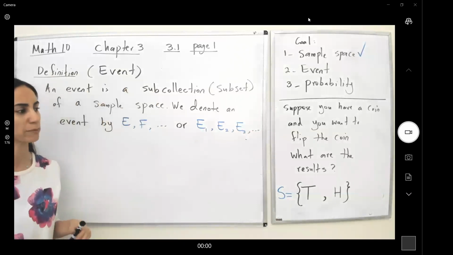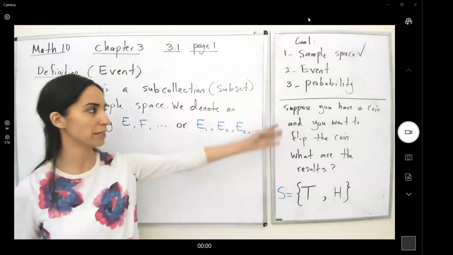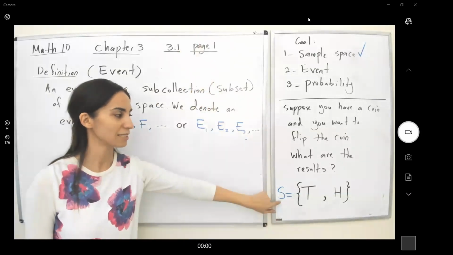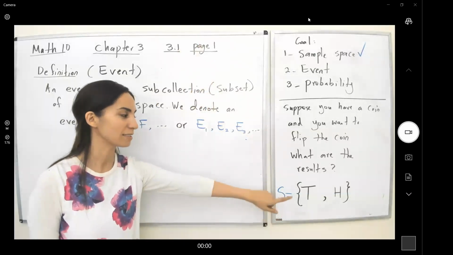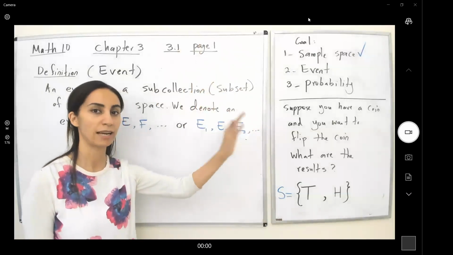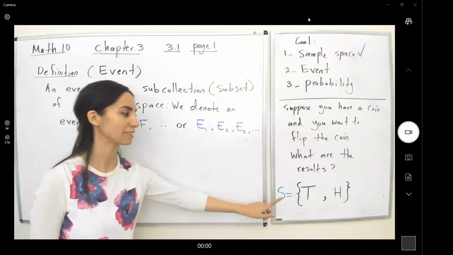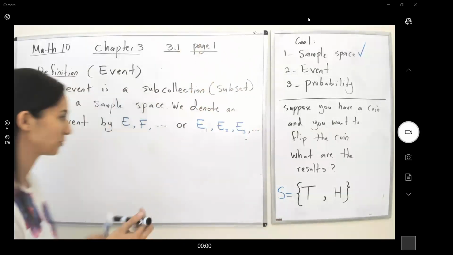Well, I expect you to ask, in the previous example, flipping a coin, the sample space is a set including tail or head. What are the events in that sample space?